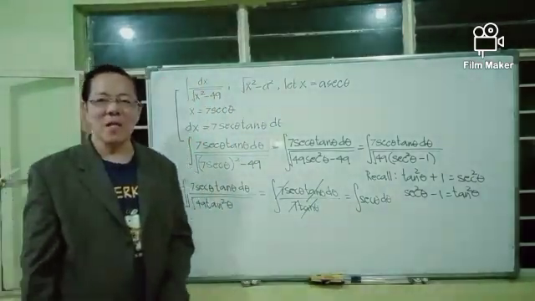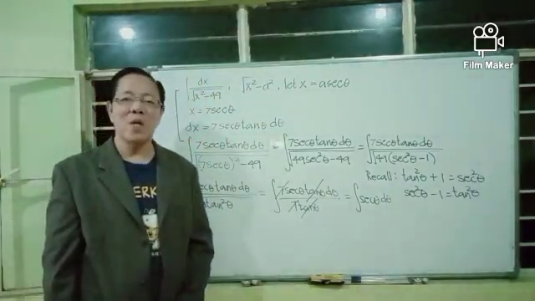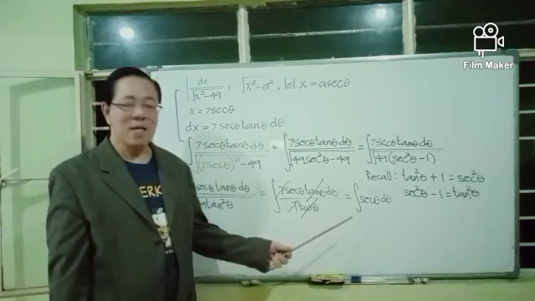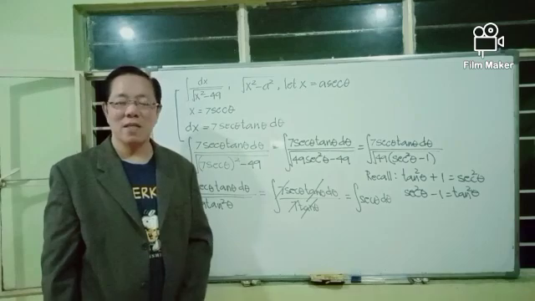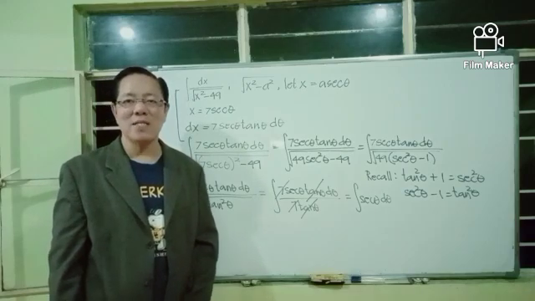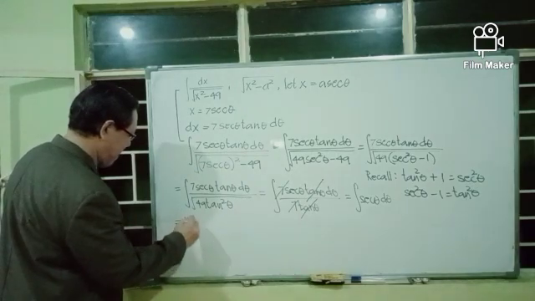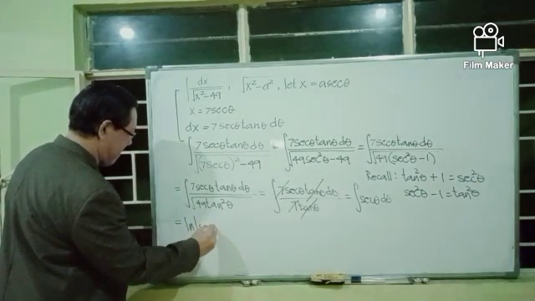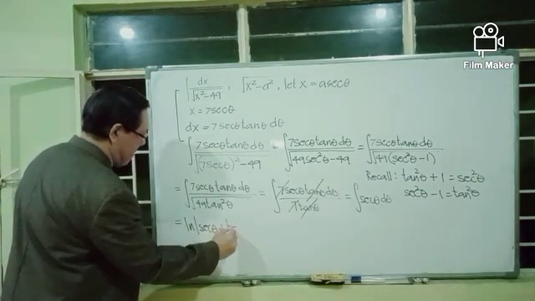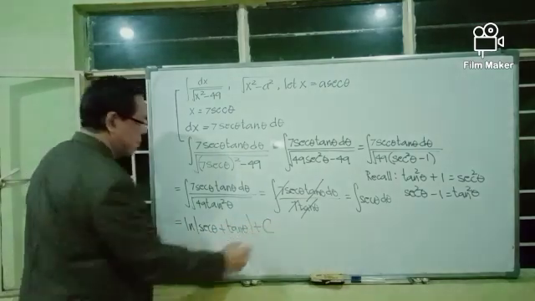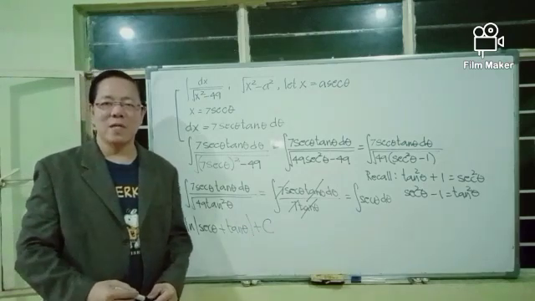And again, the integral of secant theta, from one of the integration rules we had taken before, with respect to theta is equal to ln of secant theta plus tangent theta, plus the constant of integration c.